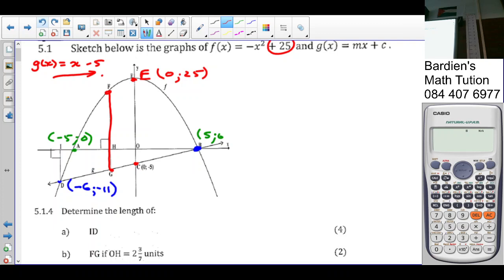So how do we calculate the distance between two graphs? Whichever graph is on top, which is f of x, your parabola, minus your straight line graph. FG is going to be f of x minus g of x. One of the two.